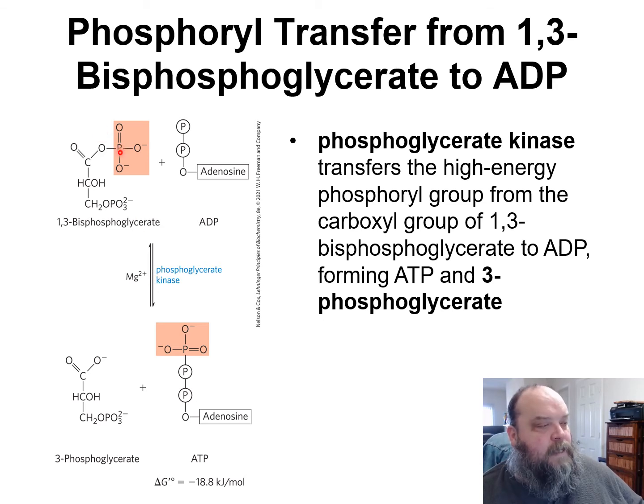You're taking a phosphate off of something via an enzyme and adding it directly to a diphosphate to make a triphosphate. As in all things enzymes, it's fast, it's reliable, but it's not quite as clean or as efficient as what we're going to see in later chapters when we talk about what's occurring in the mitochondria.